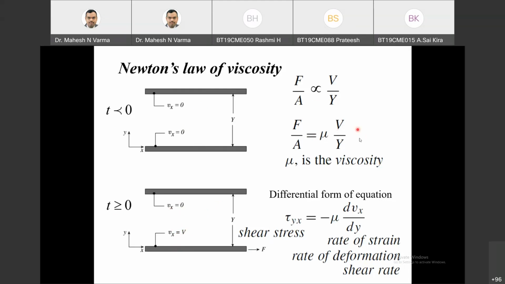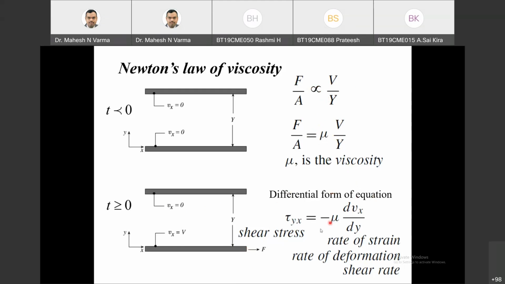Under this situation, Newton observed that the force applied on this plate per unit area, the shear force or shear stress, is proportional to the velocity gradient, that is, velocity per unit distance, and the proportionality constant is mu.